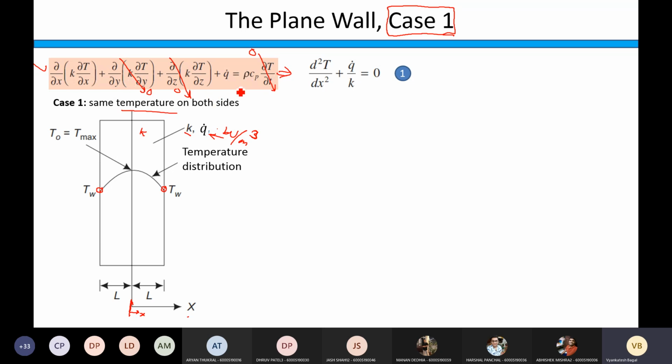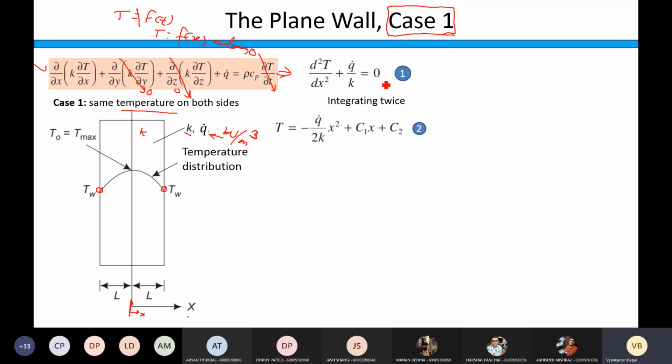If you divide this expression by k, you can write d square T by dx square. Now temperature is a function of x alone. It is not a function of time. So partial differential can be replaced by total differential. That's why d square T by dx square plus q dot by k is equal to 0. This is the simplified form of the heat diffusion equation for one-dimensional heat conduction with internal heat generation.